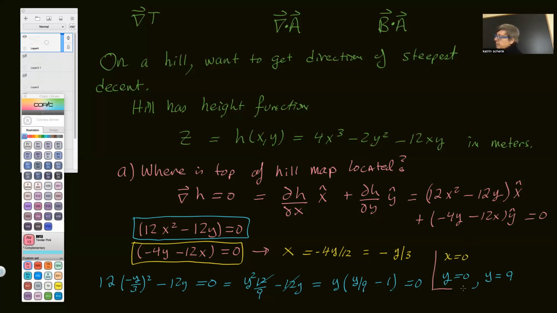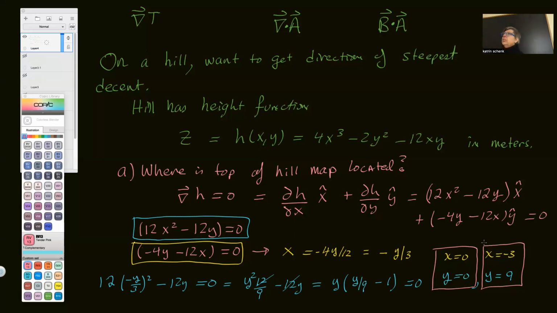This is a point. And then when y is 9, then x is minus 9 over 3, minus 3. And these are a pair.